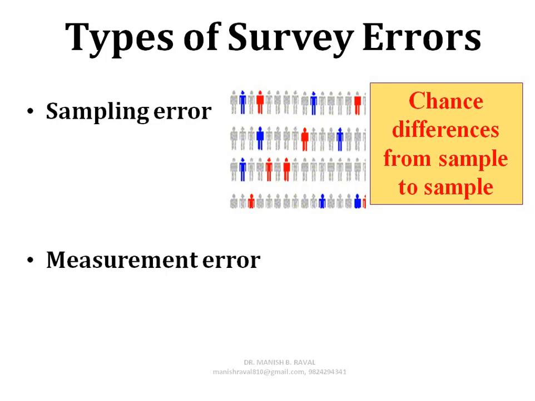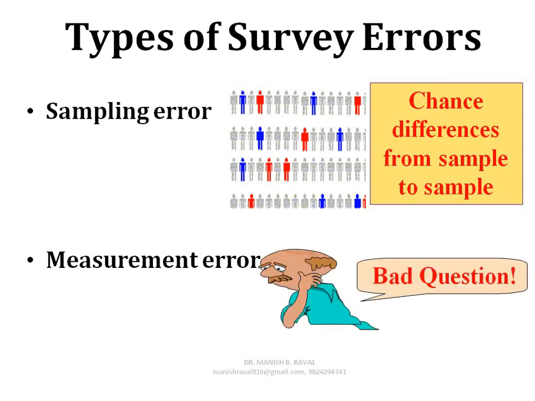Another kind of error is measurement error. When questions are not properly framed, as a result the answers will also be faulty. When your questions are bad questions, or they cannot give the answer according to the requirement of the research work, as a result the research work will not give you the better result.